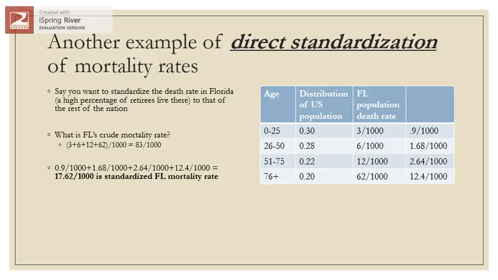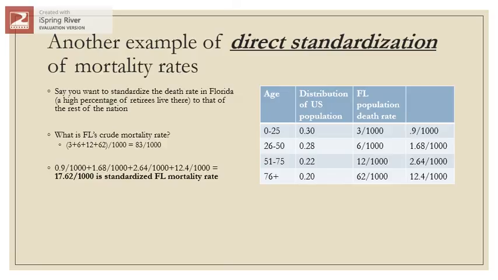If we want to standardize that, what we do is we multiply 0.3 times 3 and divide that by 1,000. So 0.9 divided by 1,000. 0.28 times 6 divided by 1,000, that's 1.68. 0.22 times 12 is 2.64. And 0.2 times 62 is 12.4.